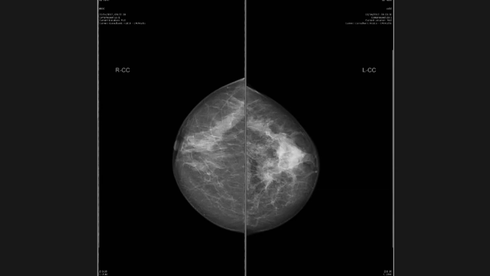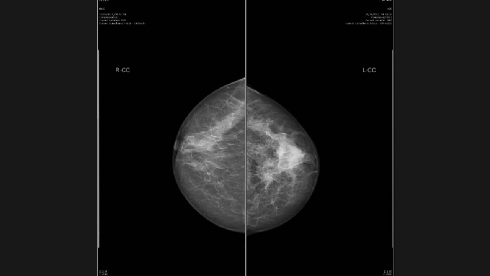The lesion is not clearly visualized. I would like to have a spot compression view to look for its margins. Yeah, so we decided against spot compression, but that's completely valid. It was a busy fast track clinic, and we weren't sure that it would really add anything, but it's perfectly valid to do that.